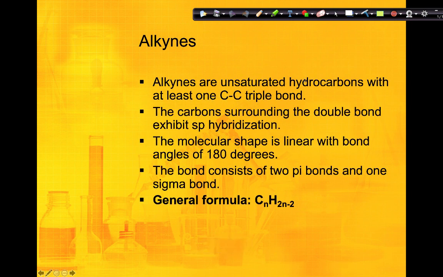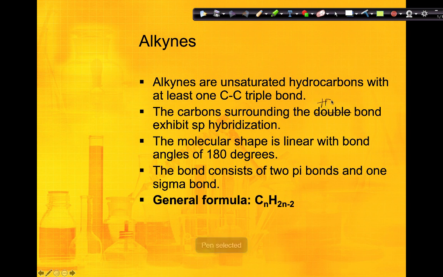Now that we've gone through alkenes, alkynes are even easier. Alkynes will have at least 1 triple carbon-carbon bond. The carbons that are in that bond, remember, that is a triple bond, not a double bond.